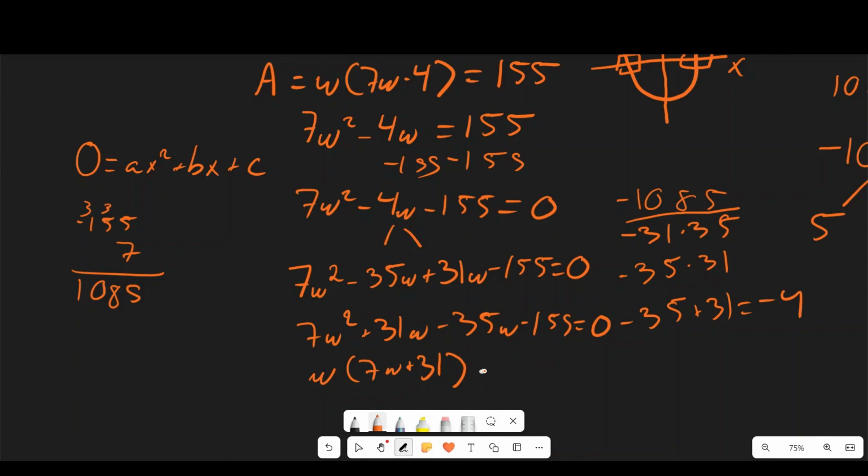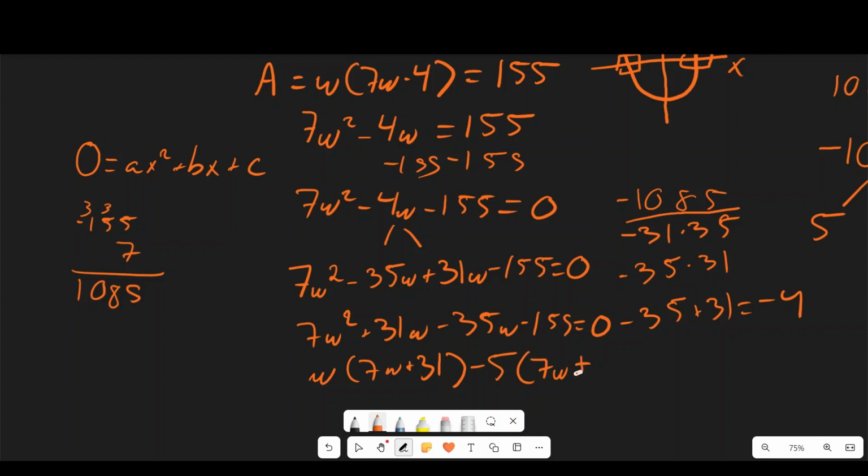So we could factor out a negative 5, because they also have two negatives, right? So this would be minus 5, and then 5 times 7 is 35, and there's a w, so that would be our 7w term. Negative 5 times 7w is negative 35w, and then minus 5 goes into minus 155.